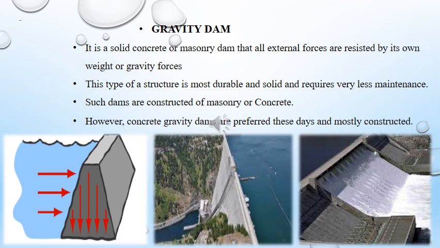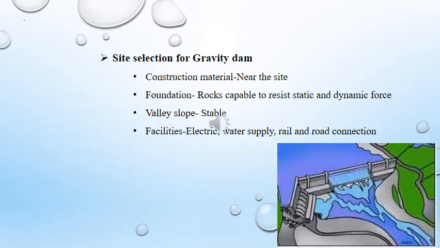Masonry gravity dams are nowadays constructed only for small heights, and all major and important gravity dams are now constructed of concrete only. Gravity dams may be either straight or curved in plan.